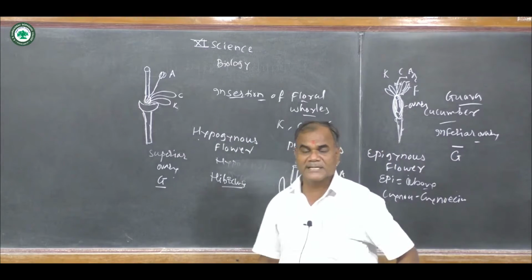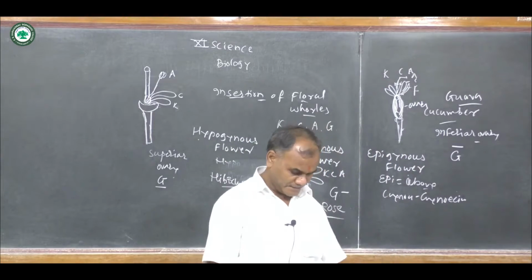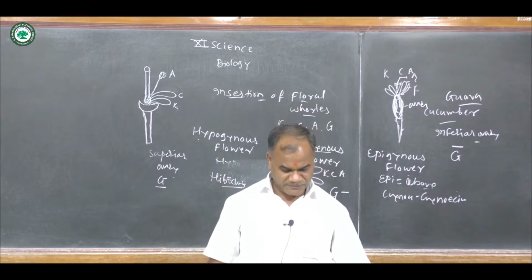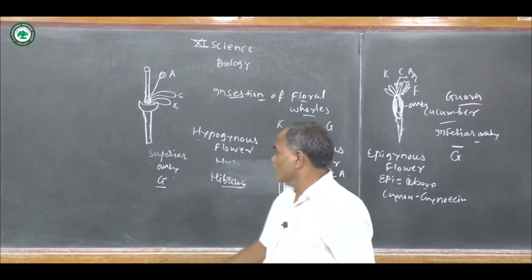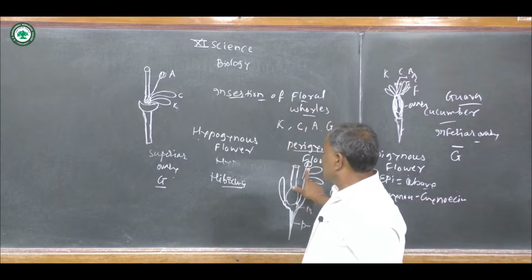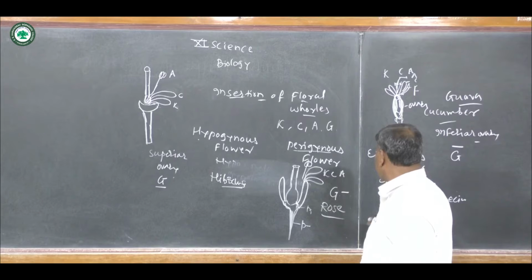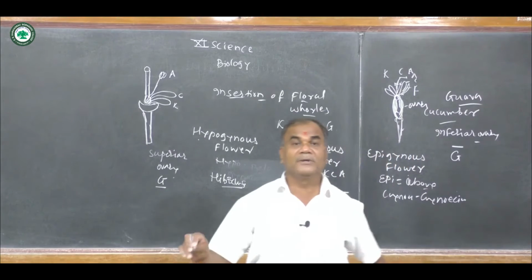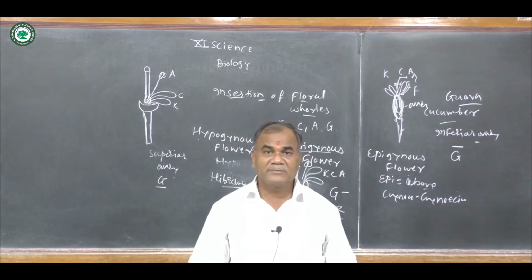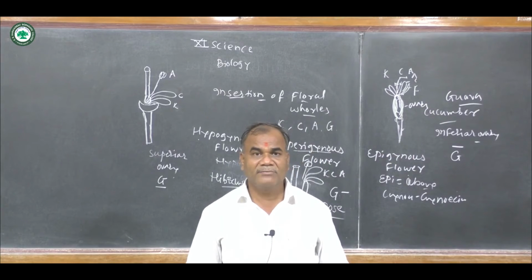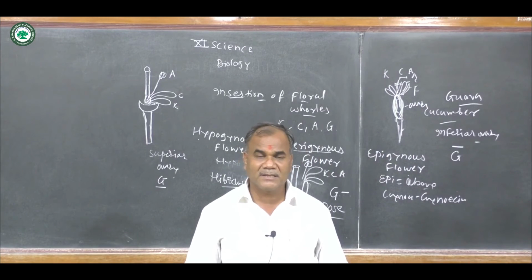In hypogynous flowers, the floral whorls arise at the lower portion. In perigynous flowers, they arise at the middle portion, and in epigynous flowers, they arise above the gynoecium. This is known as the insertion of floral whorls.